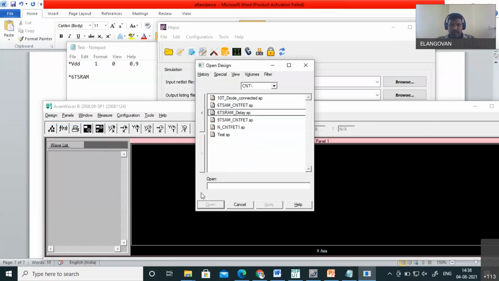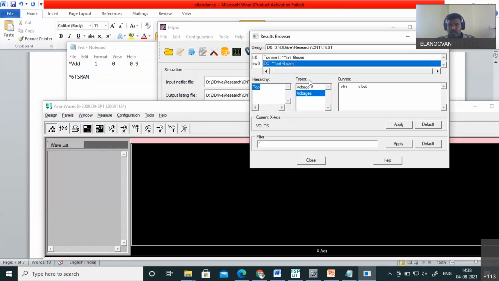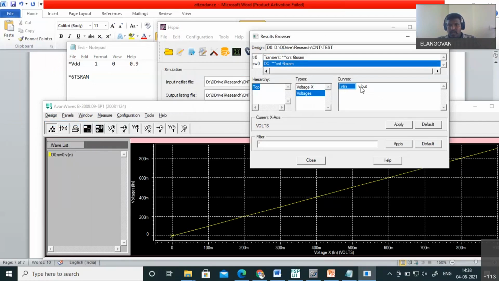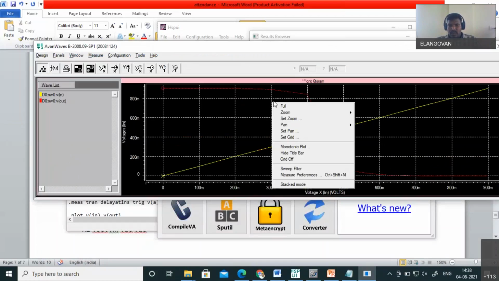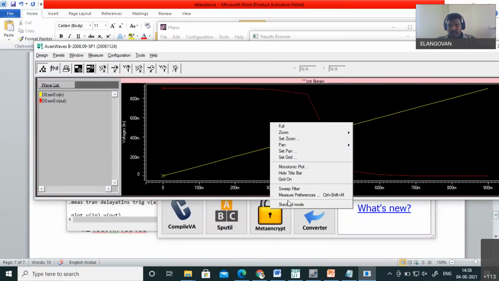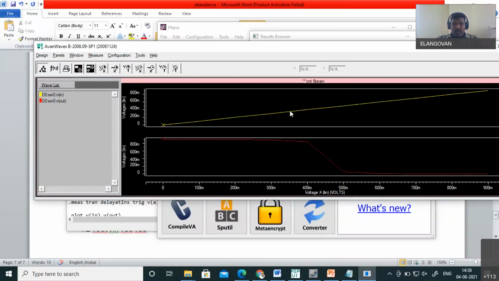Here we have kept the list open, DC, your input, and your corresponding output. So down, you can see, right? Input is varied linearly with the step value of 0.1. The corresponding output, the inverted output. This is the voltage transfer characteristics of your inverter. You would have seen this in your theory work.